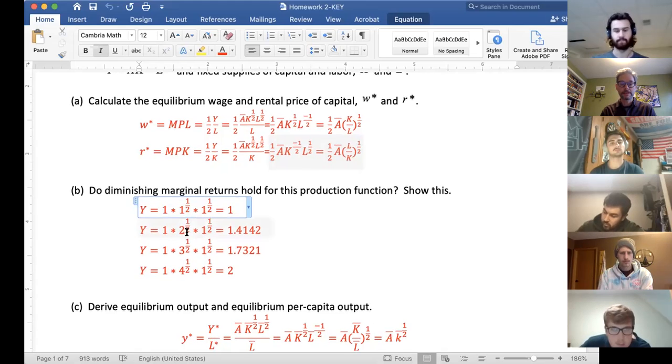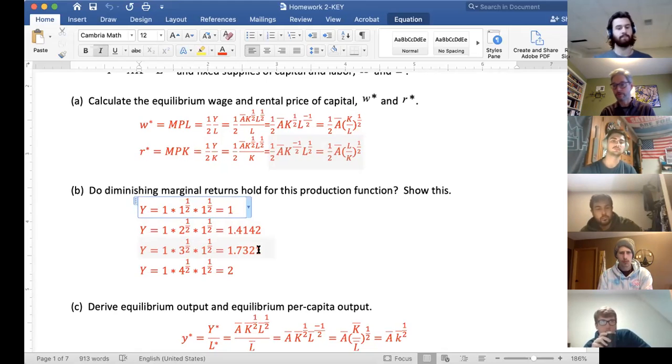If we then increase capital to 2, what happens to output? It goes up by 0.41. If we increase capital to 3, it goes up by 0.32, and so on. In other words, the change in output is getting smaller as the level of capital goes up. That's what diminishing marginal returns means.